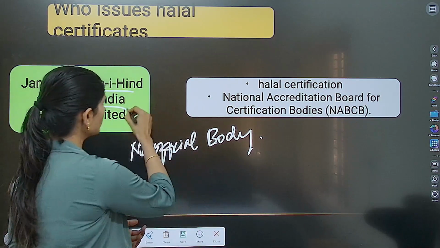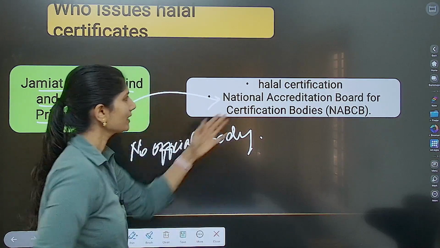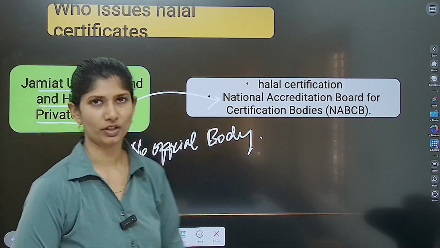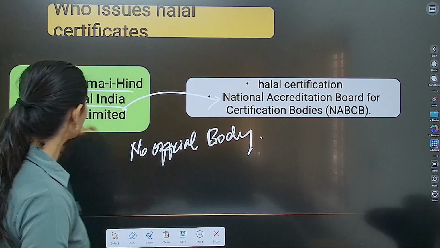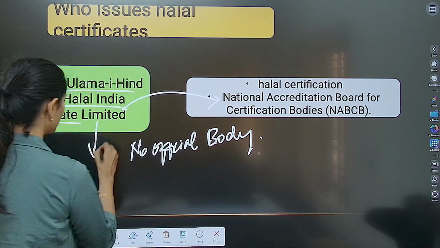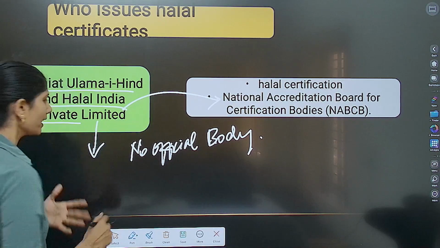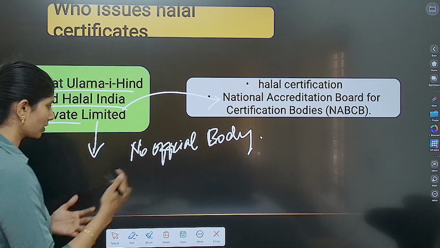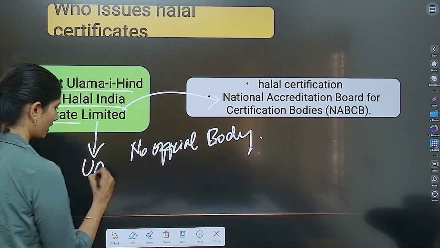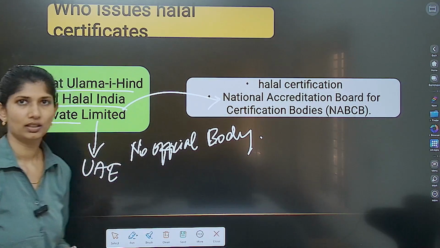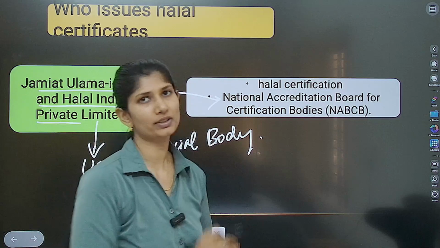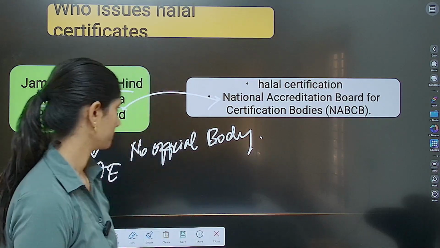They also issue the halal certification to the National Accreditation Board of Certification Bodies. This certification is very much accepted in countries such as the UAE. Understanding? So they agree to these kinds of certifications there.